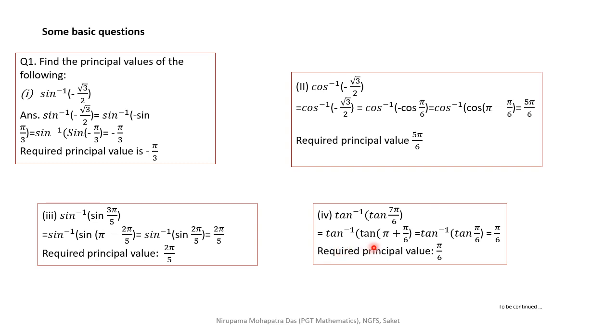Okay, tan inverse tan 7 pi by 6 is written as pi plus pi by 6, which means tan inverse tan pi by 6, because tan of pi plus theta is tan theta. Now you can use tan inverse tan x equals x because this is coming within the principal value branch. So tan inverse tan pi by 6 is pi by 6. So the required principal value is pi by 6.